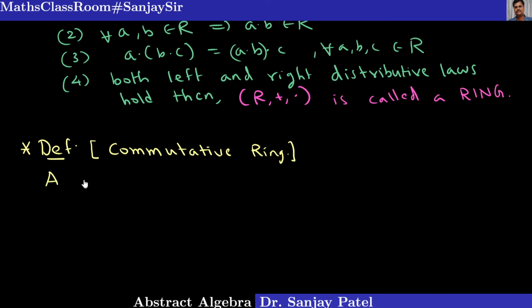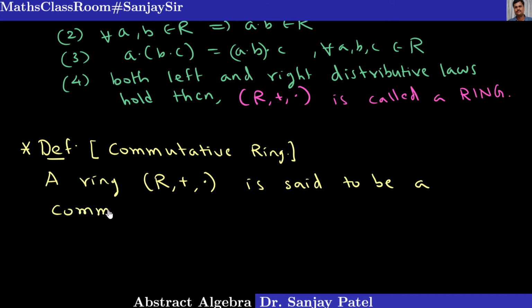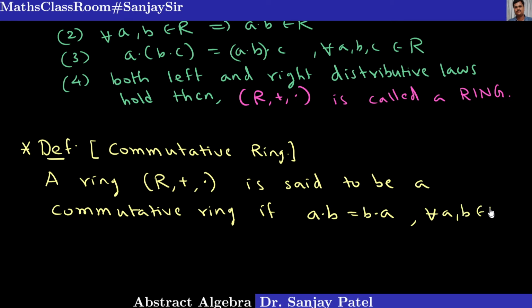A ring R with respect to plus and dot, these two binary operations, is said to be a commutative ring if a into b is equal to b into a is true for every a, b belongs to R. That is, the multiplication operation is a commutative binary operation.